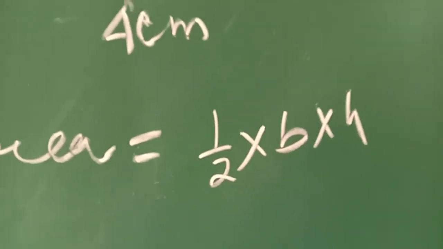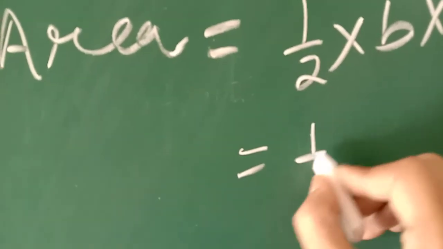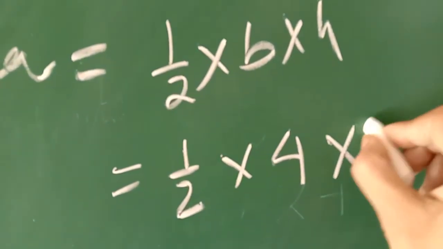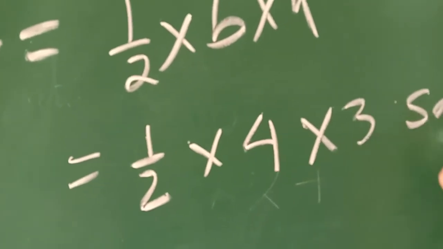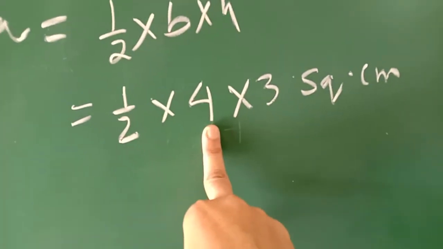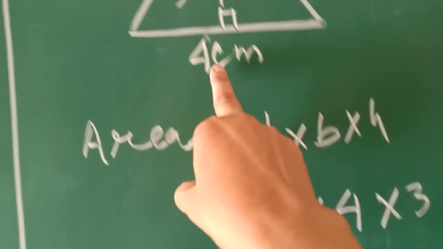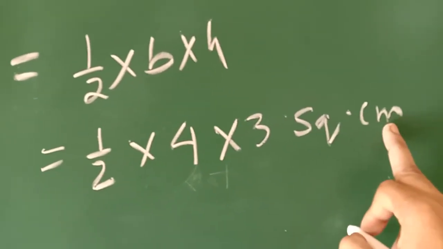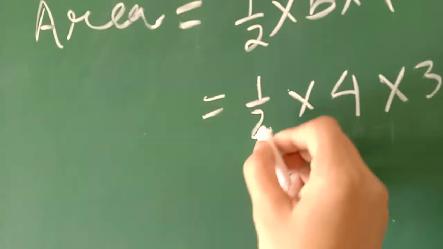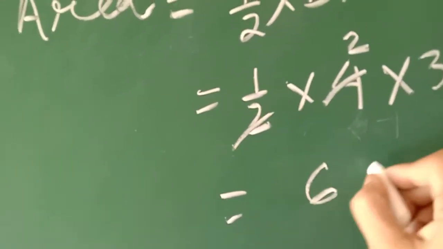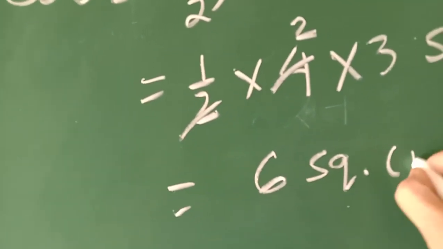Base is 4 centimeter here and height 3 centimeter. So what will you write? Square centimeter. Why is this square centimeter coming? Because 1 centimeter is for 4 and 1 centimeter is for 3. These 2 centimeter units multiplied become square centimeter. Cancel the 2. Now 6 square centimeter.